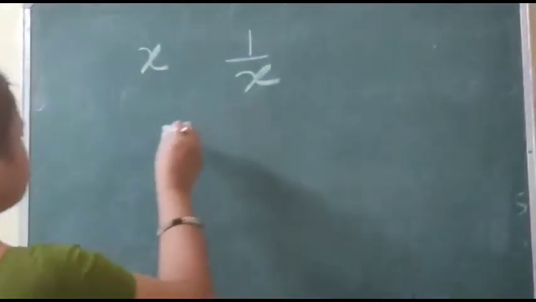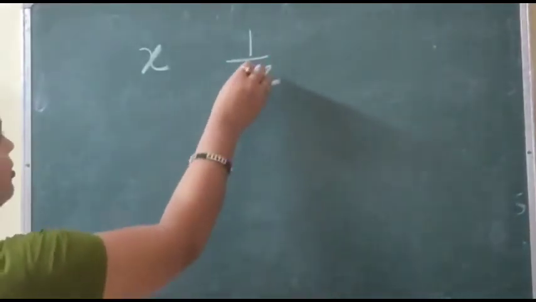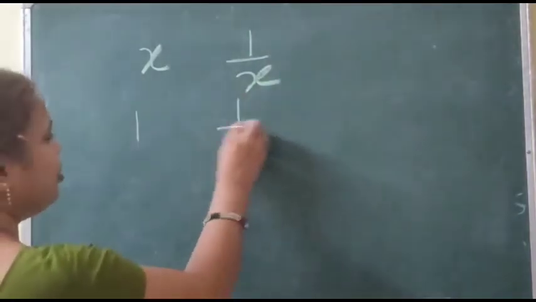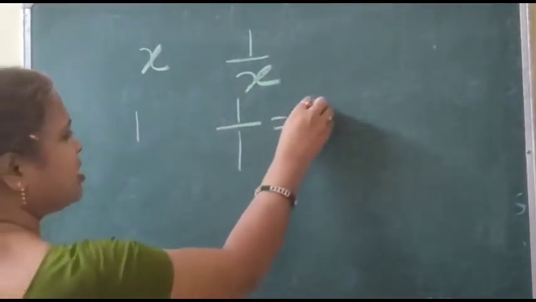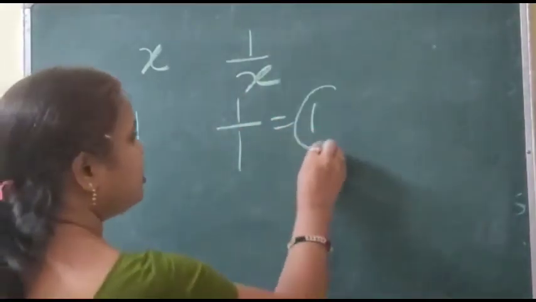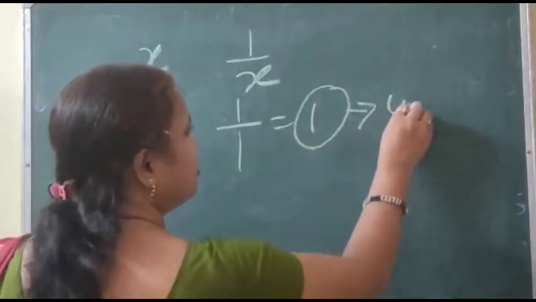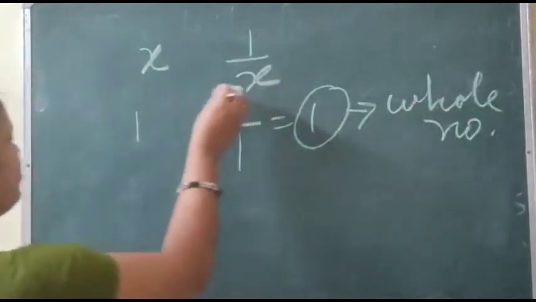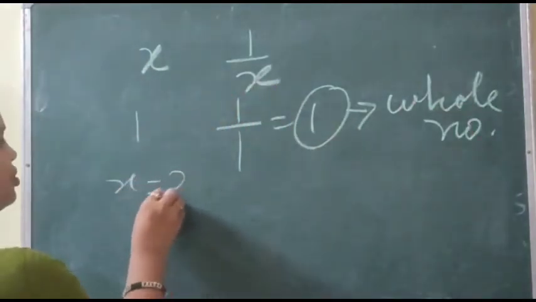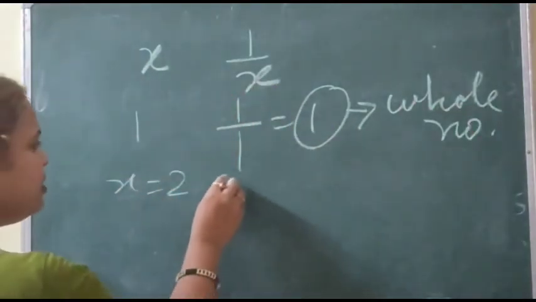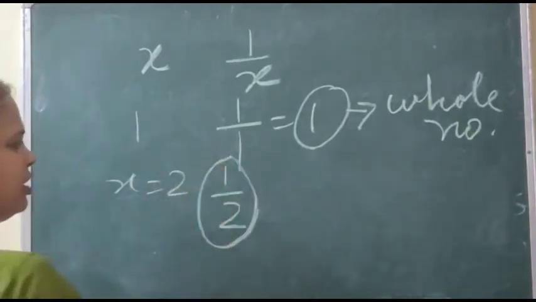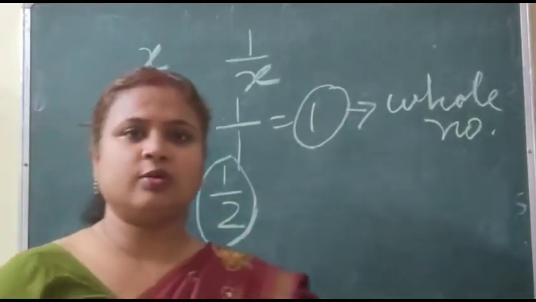For example, if the value of x is 1, then its multiplicative inverse is 1 by 1, which is 1, and this 1 is a whole number. But if the value of x is 2, then its multiplicative inverse will be 1 by 2. Can you say that 1 by 2 is a whole number?